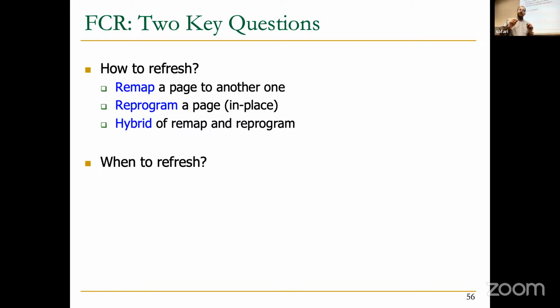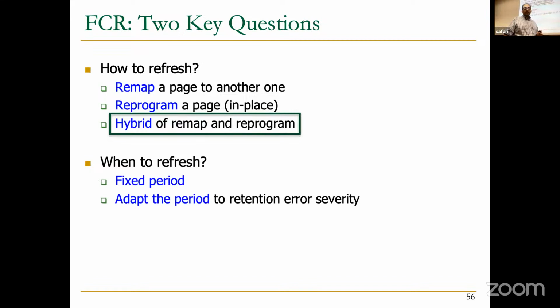But here, because of its characteristic that you just need to increase your threshold voltage and you don't need to reduce it when you want to fix the error, you can implement this reprogramming in-place update more easily. And the hybrid approach of remapping and reprogramming based on the cost function and trade-off analysis, we can do both, right? Whenever it makes sense, use remapping and sometimes reprogramming. And this is essentially what this paper proposed.